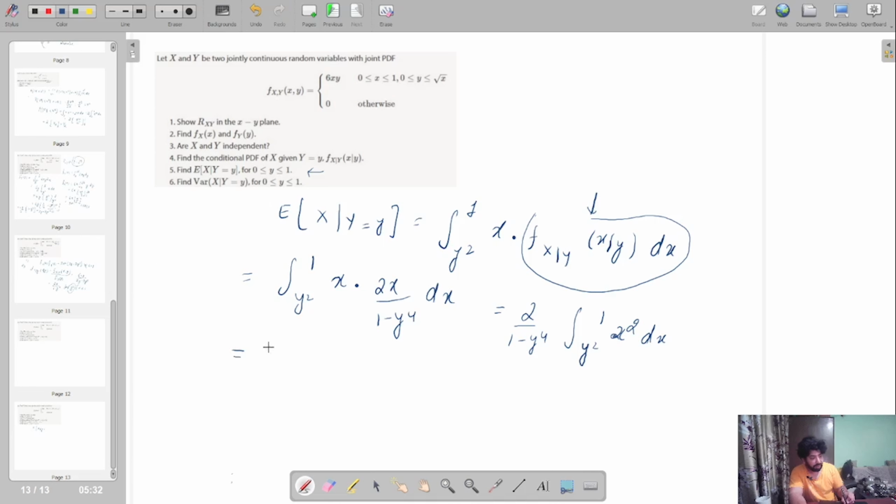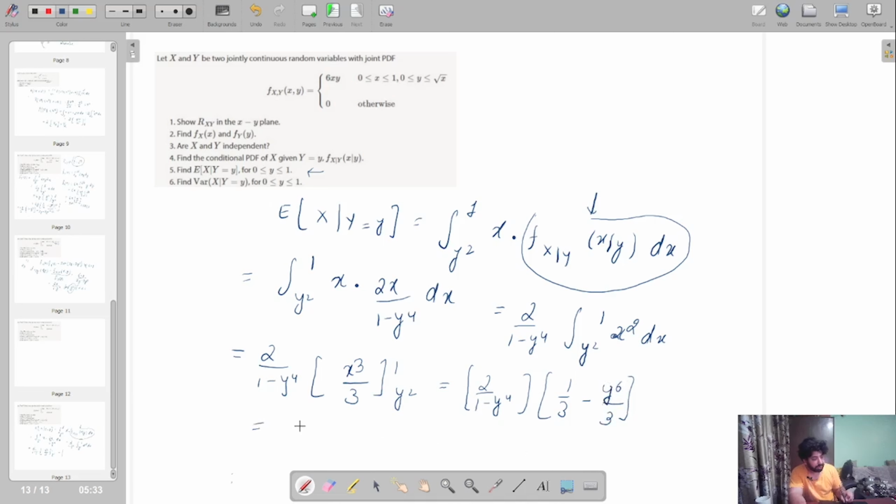This will come out to be 2/(1 minus y^4) times x³/3 from y² to 1, which can be further written as 2/(1 minus y^4) multiplied by (1 minus y^6)/3.